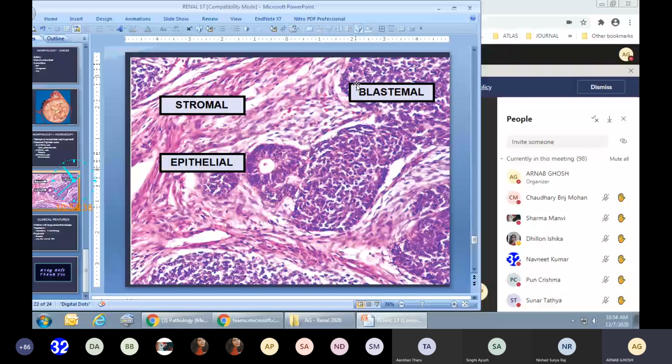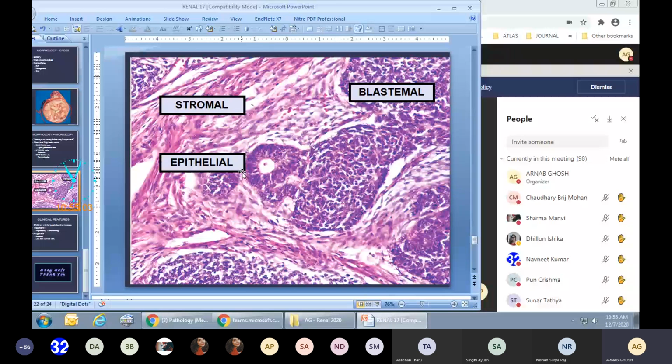These cells are primitive immature cells, and that's why they are called blastemal cells. Second is stromal cells. This area is stromal cells. Here you see elongated cells, and these cells are fibrocytic cells. So we are calling it elongated fibrocytic cell and stromal component. So blastemal component, stromal component, and third is epithelial component.